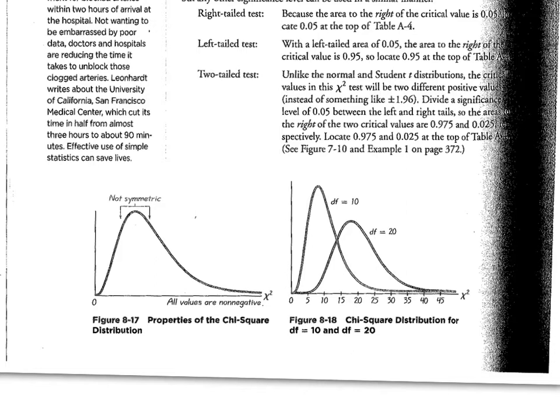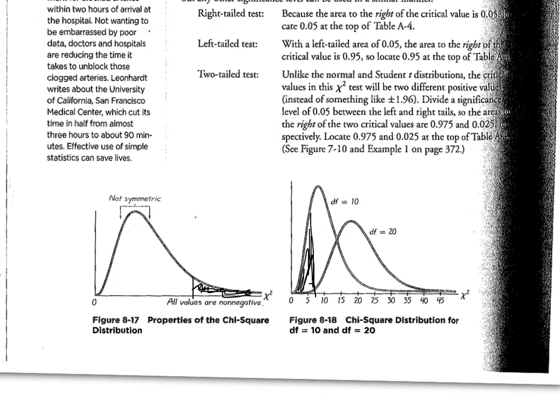When it comes to the variance, we're still going to have right-tailed tests. A right-tailed test would be: there's my test statistic, and my p-value would be on the right side. A left-tailed test would have my test statistic over here on the left, and the area to the left is my p-value.